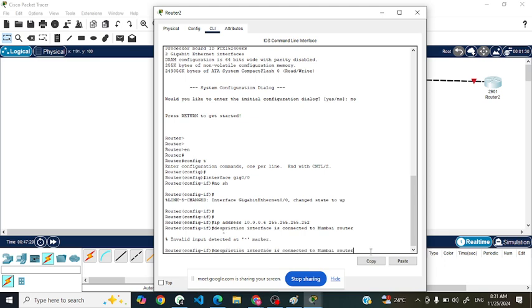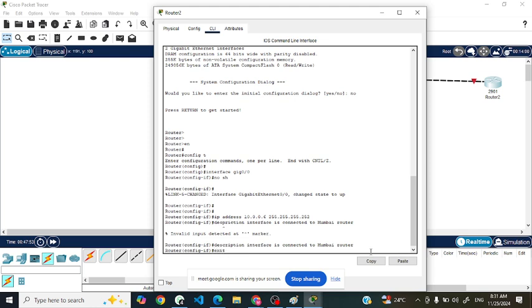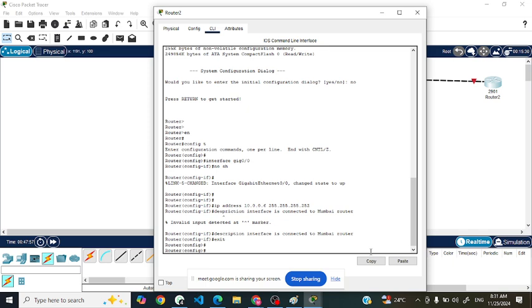Here it's a slight spelling mistake. So, to show IP interface.